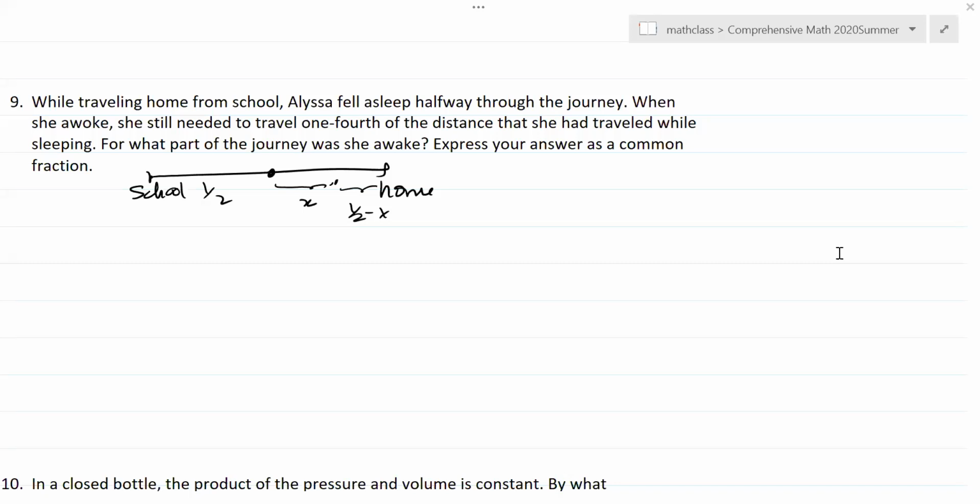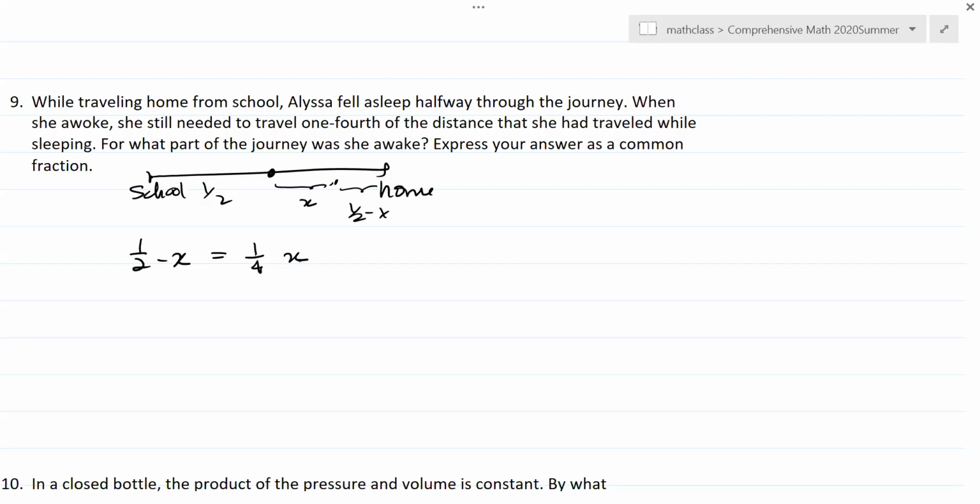So we have to translate the sentence into an equation. She needed to travel 1/4 of the distance that she had traveled while she was sleeping. So that means the remaining part is going to be 1/4 of X. Got it?